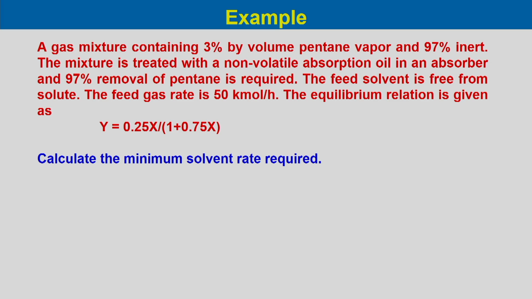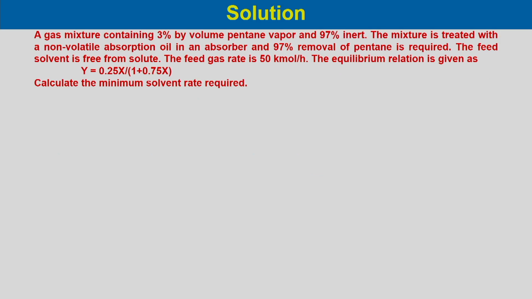The feed solvent is free from solute. The feed gas rate is given as 50 kilomole per hour. The equilibrium relation is given as y is equal to 0.25 x divided by 1 plus 0.75 x. Now, we have to calculate the minimum solvent rate required. So, let us do that.